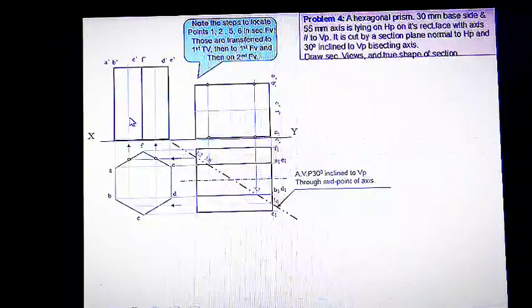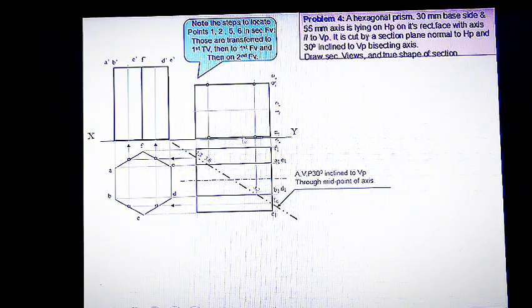So now we got this distance, you can mark this distance from point F dash. Here the point F dash is this one. From F dash you can mark this distance on both sides.